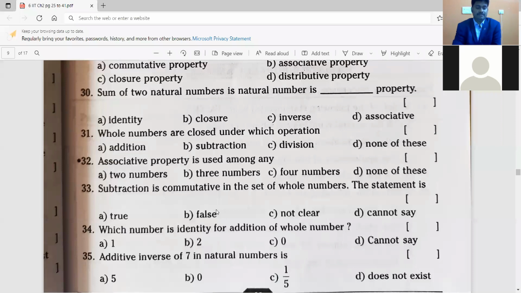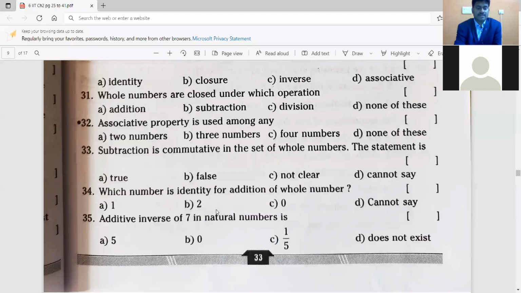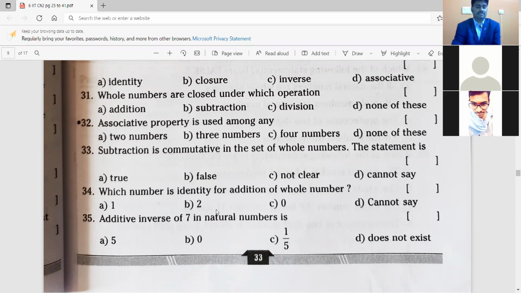Next question. Which number is the identity for addition of whole numbers? Identity, in the sense that if we add it to any given number, the value should not be changed.